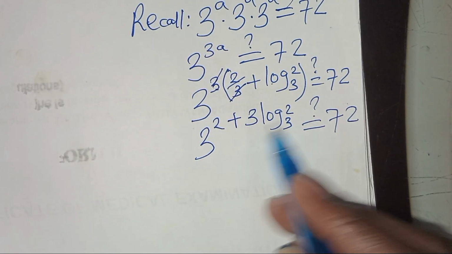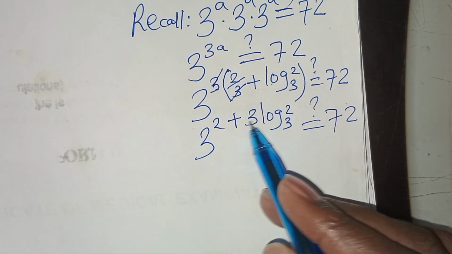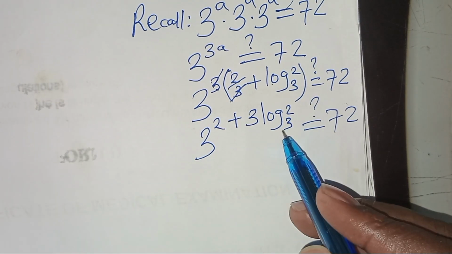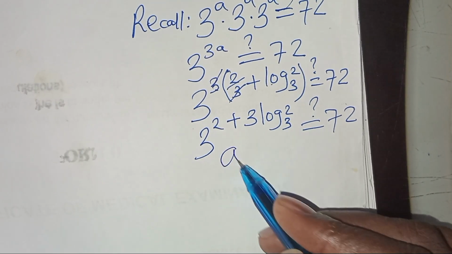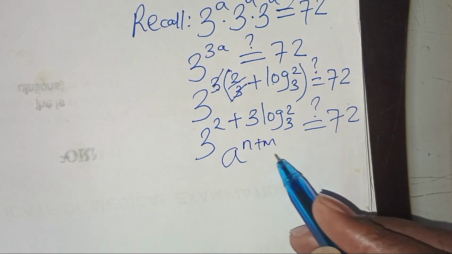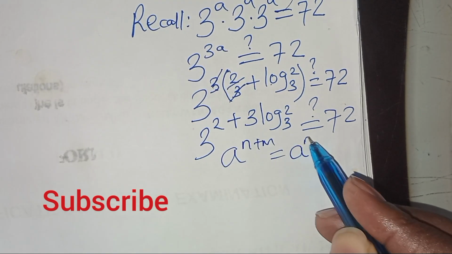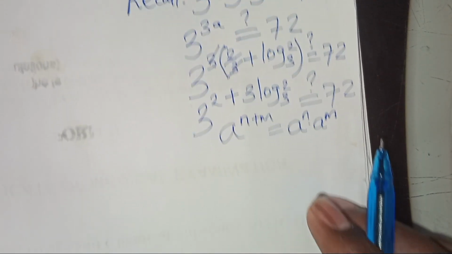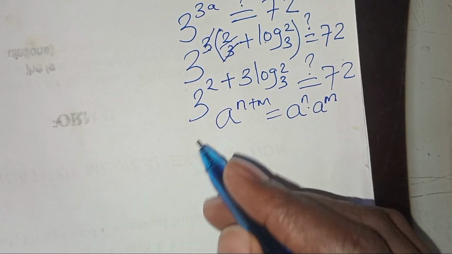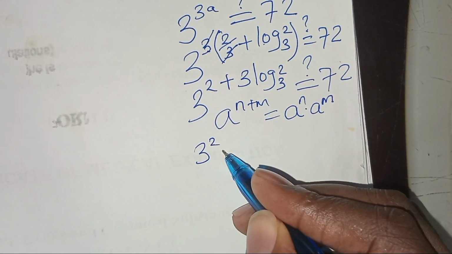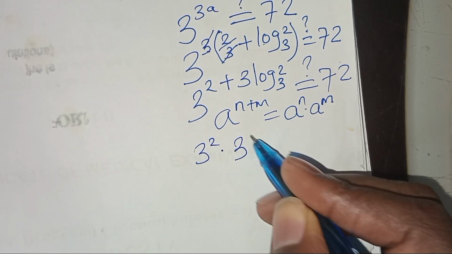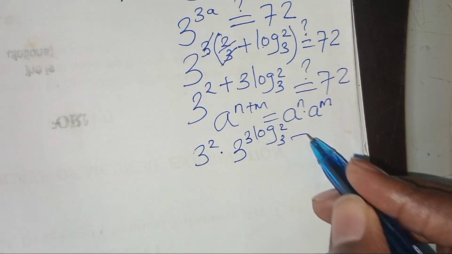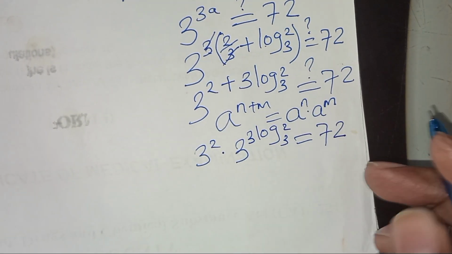As you can see, 3 to power 2 plus 3 log 2 to base 3 is in the form of a to power n plus m, which we can express as a to power n multiplied by a to power m. Applying this property, we'll have 3 to power 2 multiplied by 3 to power 3 log 2 to base 3. This should give us a value of 72.